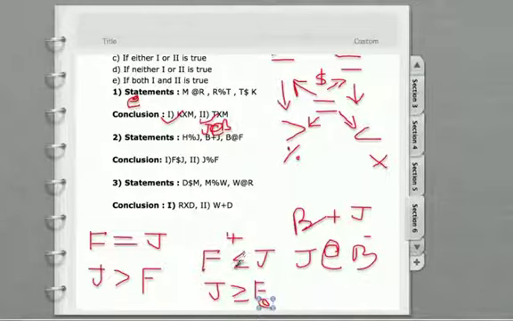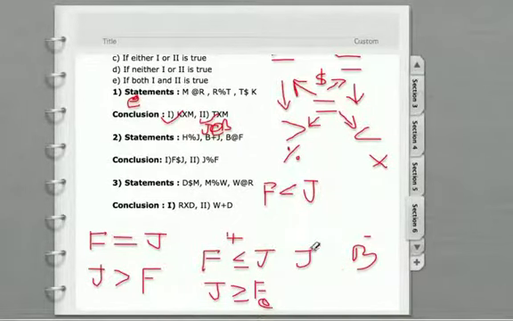F is smaller than or equal to j means f is smaller than j, or f is equal to j.